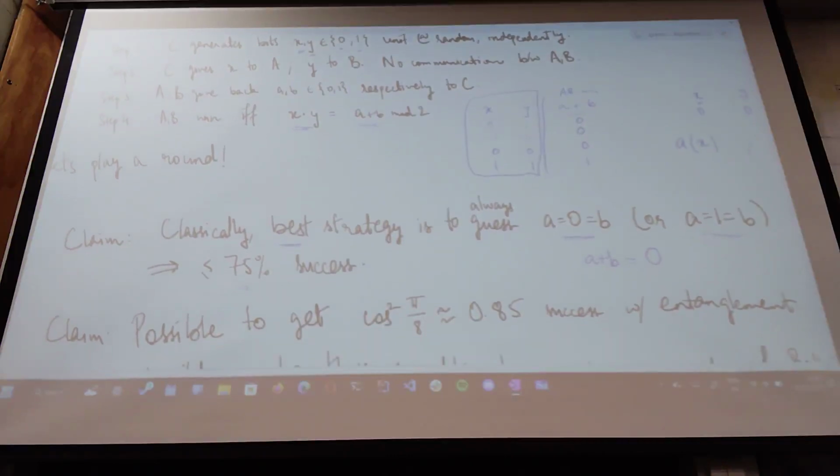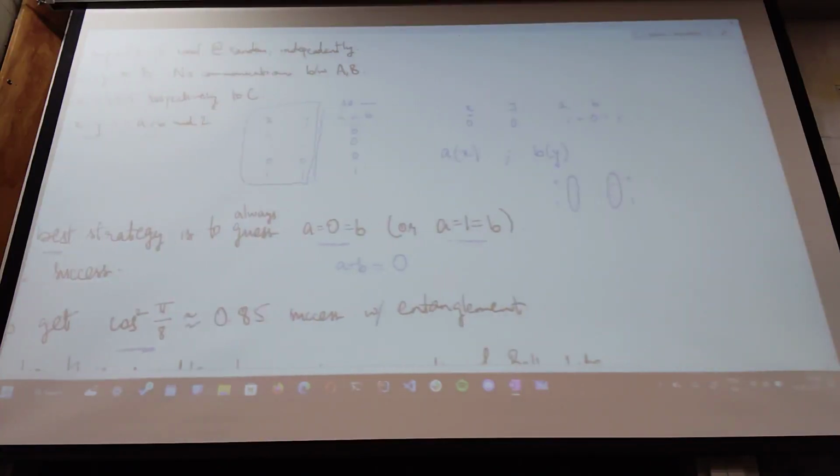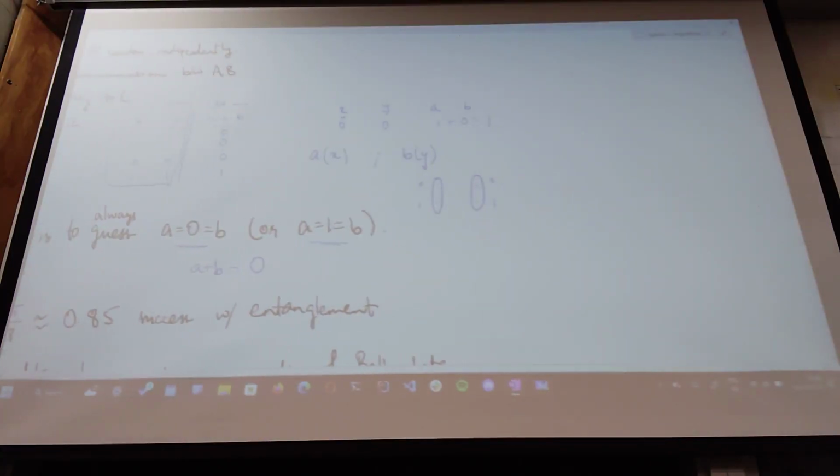But I claim that using quantum entanglement, you can get the success probability boosted to cosine squared pi by 8, which is approximately 0.85.